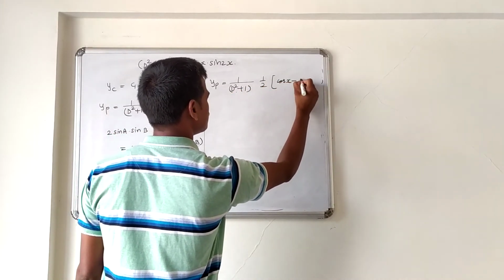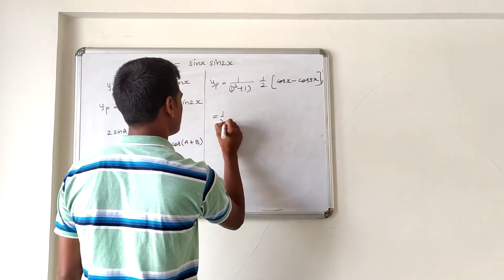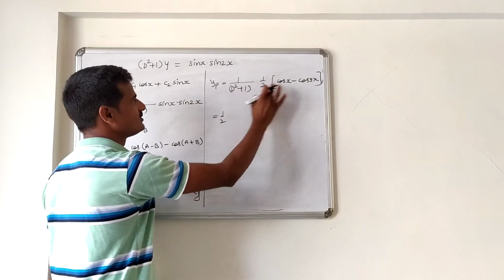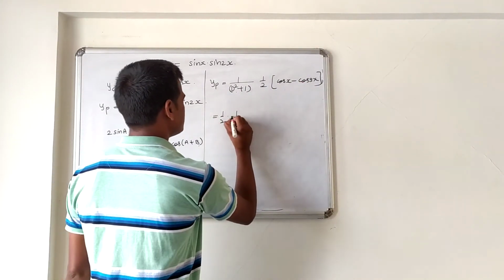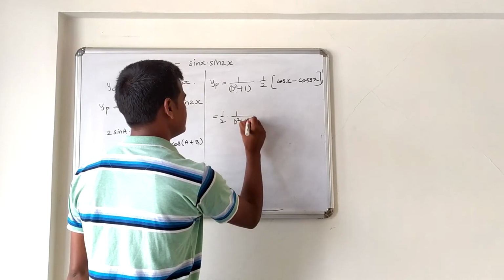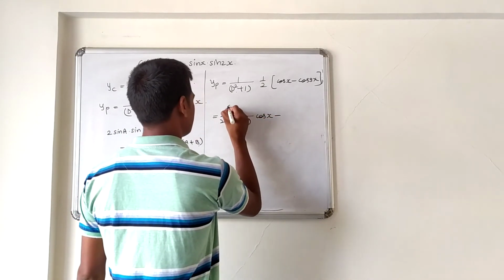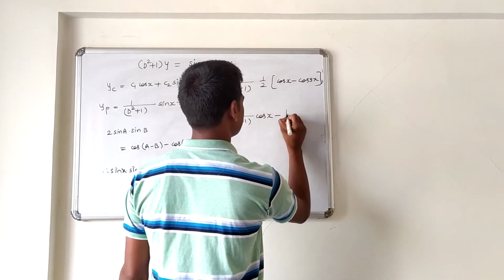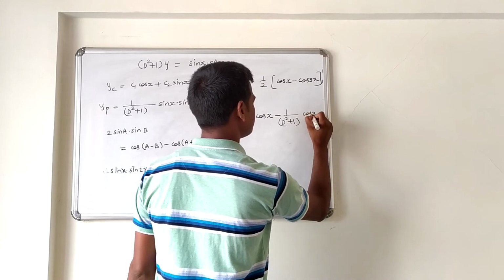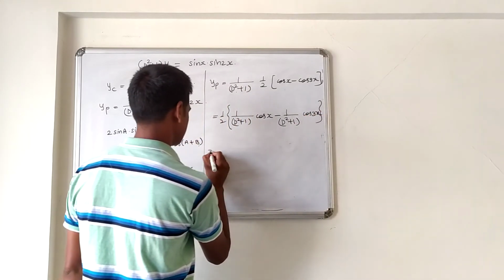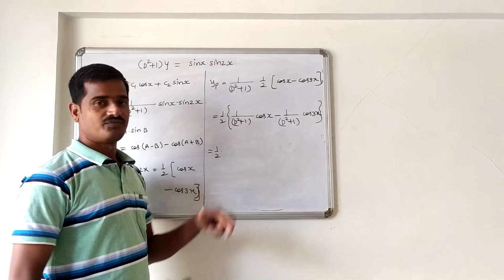Now the particular integral is equal to 1 upon d square plus 1, okay, 1 by 2 cos x minus cos 3x. Now operate this on cos x and cos 3x separately. So 1 upon d square plus 1 operated on cos x, minus, I will write in bracket, 1 upon d square plus 1 operated on cos of 3x, is equal to 1 by 2. Now is it a case of failure?